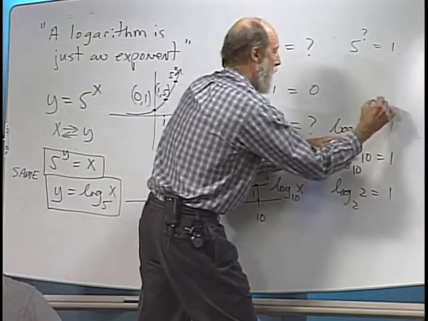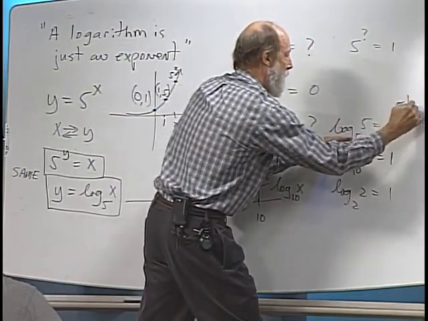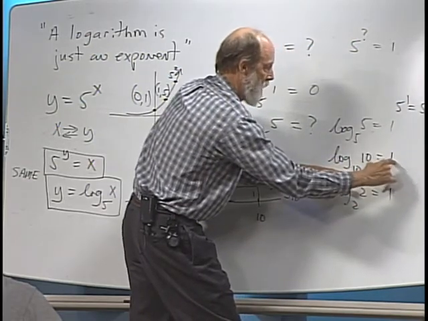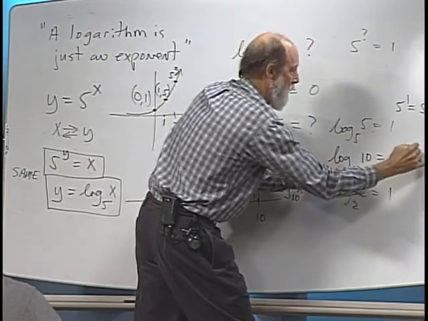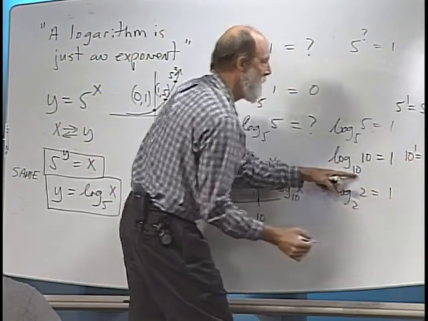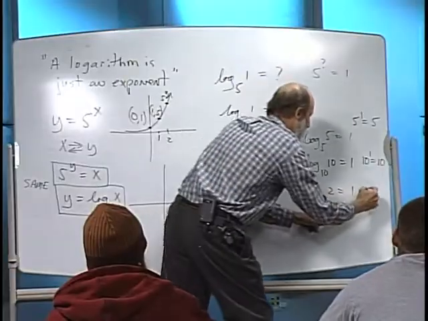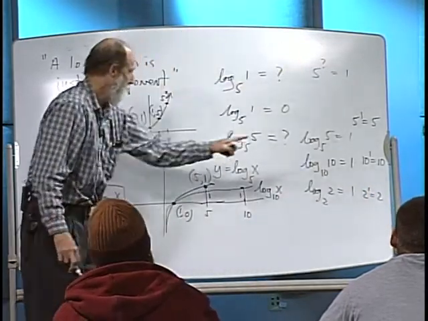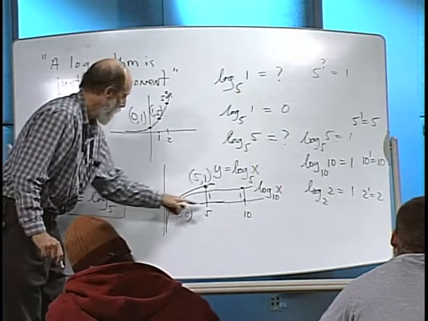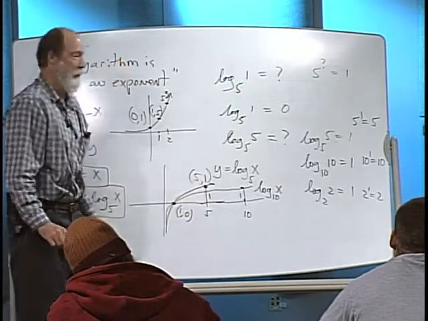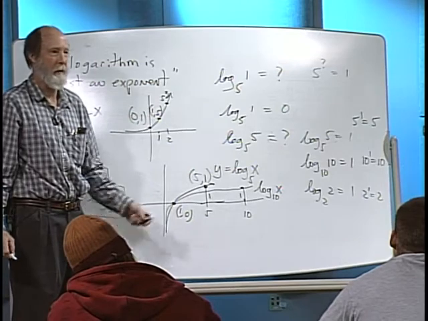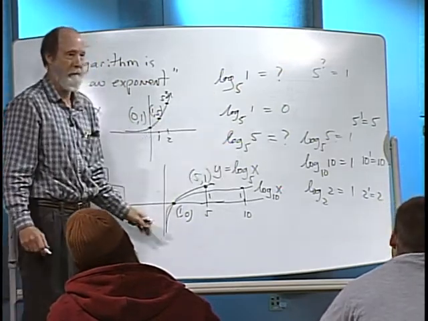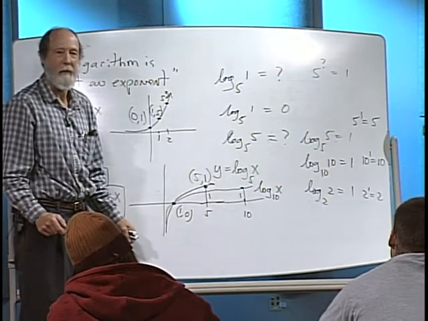So this says 5 to the 1 equals 5. 10 to the 1, the exponent is 1. 10 to the 1 is 10. 2 to the 1 is 2. And those are just points on the graph. You have to go out to the basis value to be up at a height of 1. So I'm trying to make an algebraic connection for you and a graphical connection. Let me see you folks do one now.